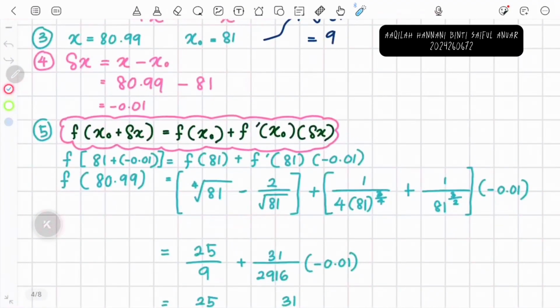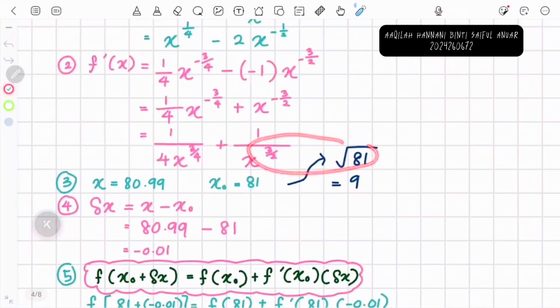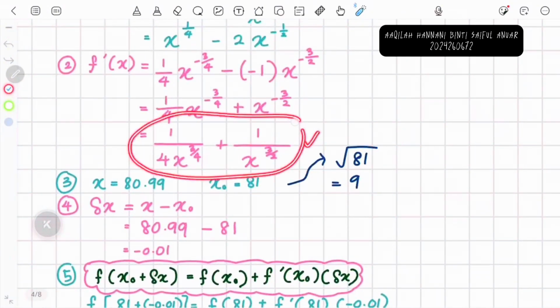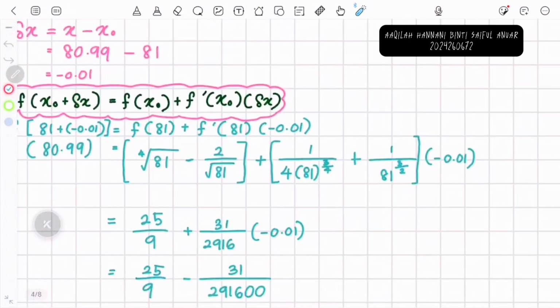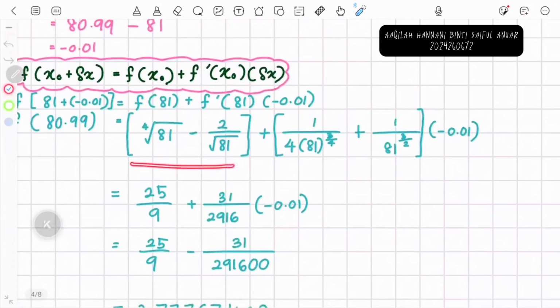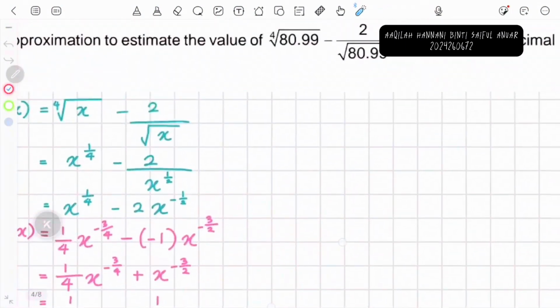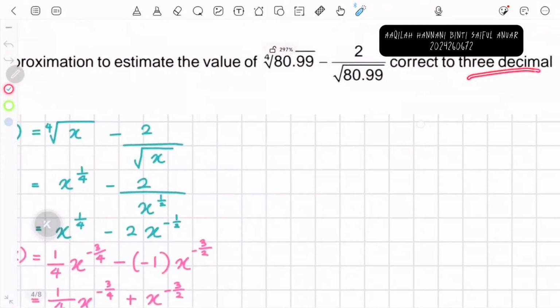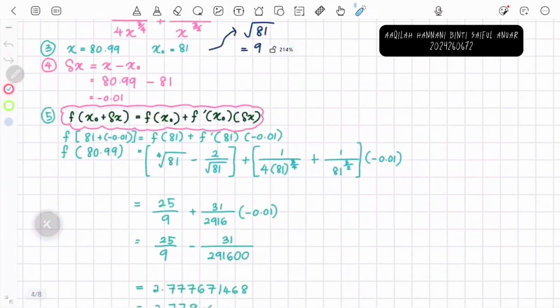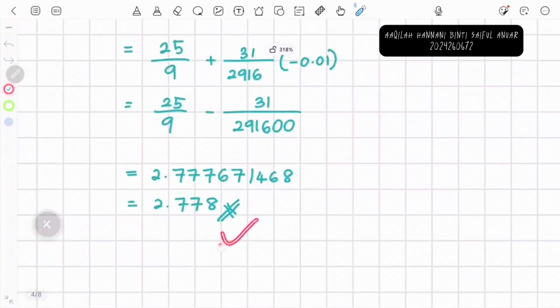For f prime, we need to substitute it into this equation that we already differentiated, and we got this. Then don't forget to multiply by negative 0.01. We calculate this bracket first, and multiply by negative 0.01. We got this in the calculator, but the question asks for 3 decimal places, so we need to convert it and it will become like this.